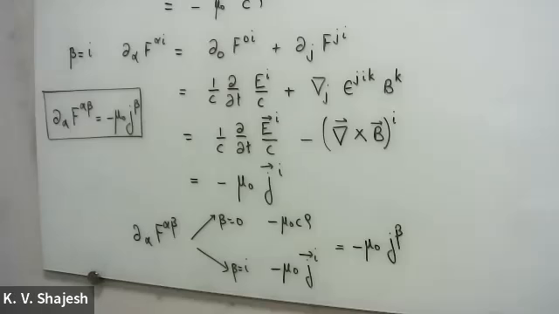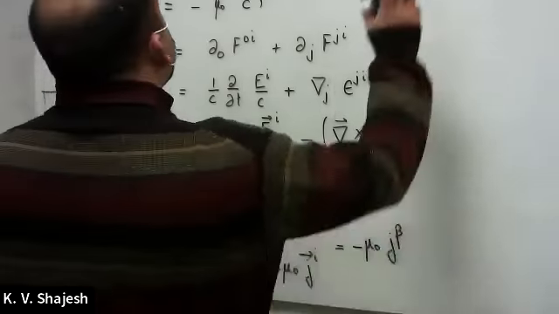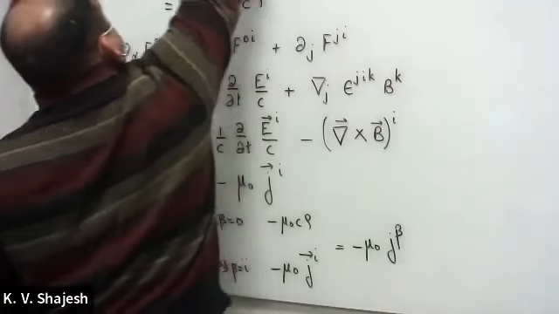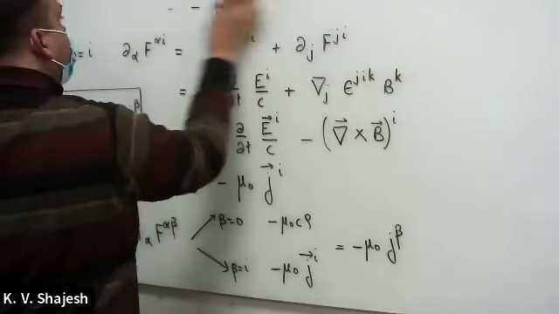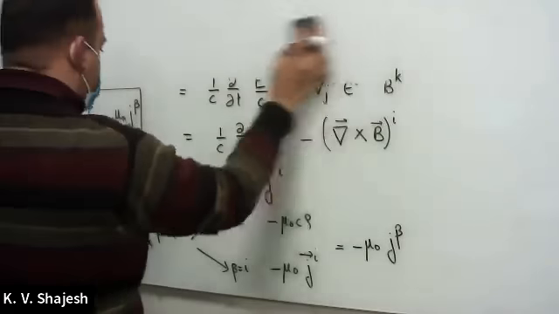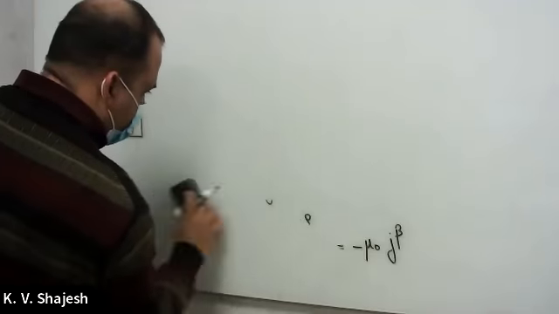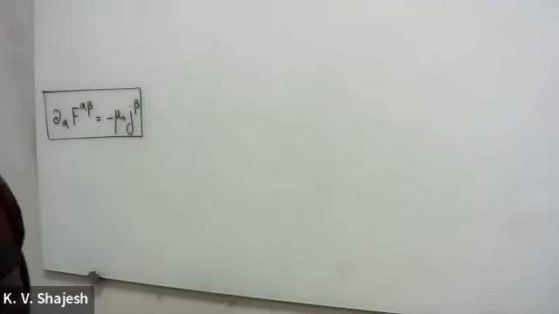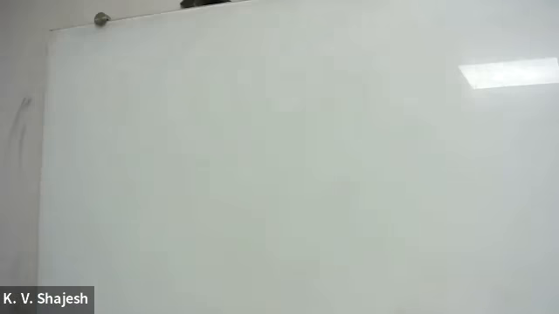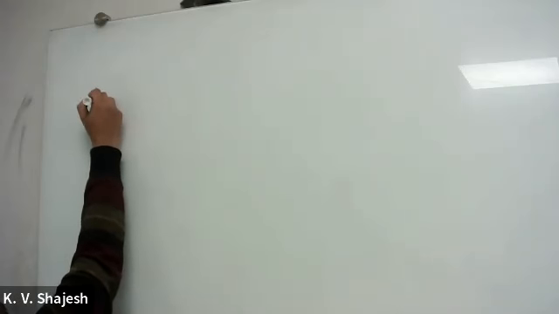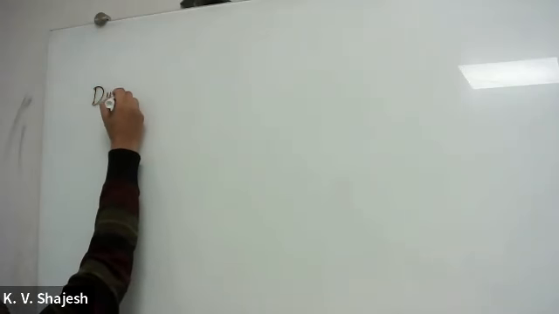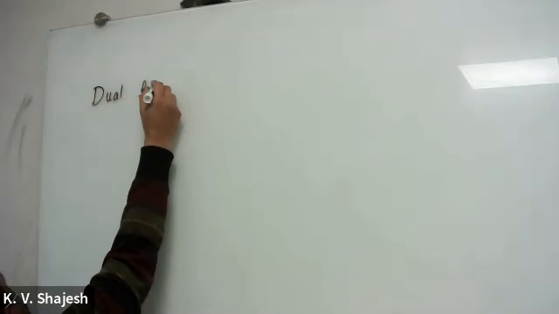Okay, so to look for the other two Maxwell's equations, we now construct another tensor very closely related to the field tensor. This is called a dual field tensor.